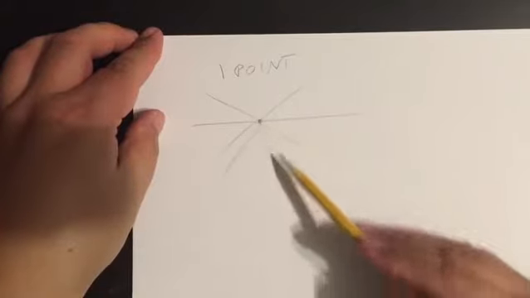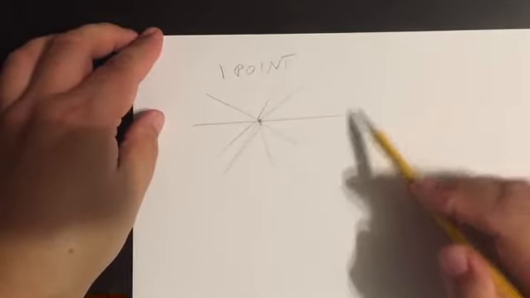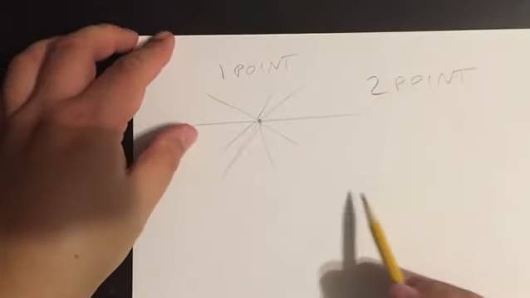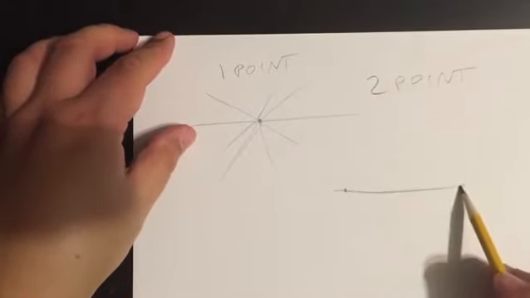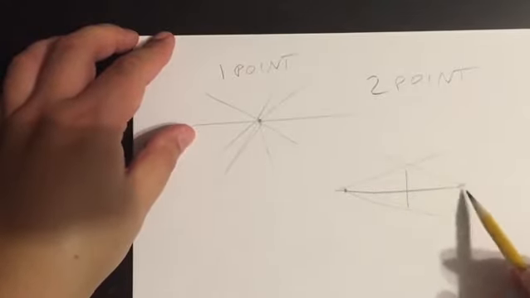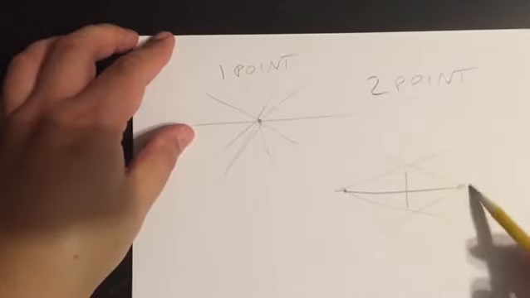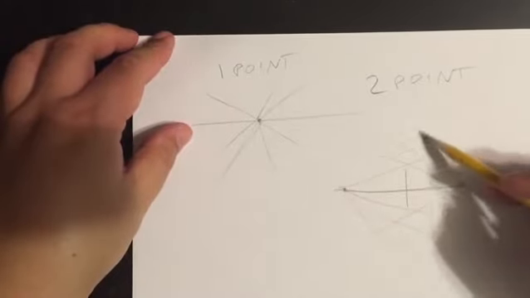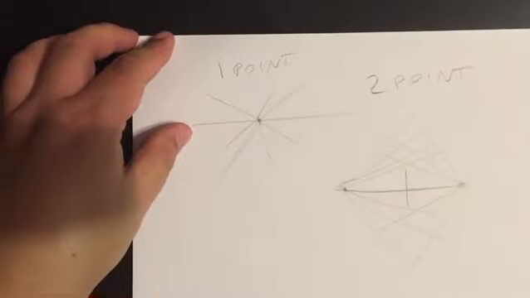Doing that really quick without a ruler. 2-point is 2 vanishing points, and then things are crisscrossing like that.